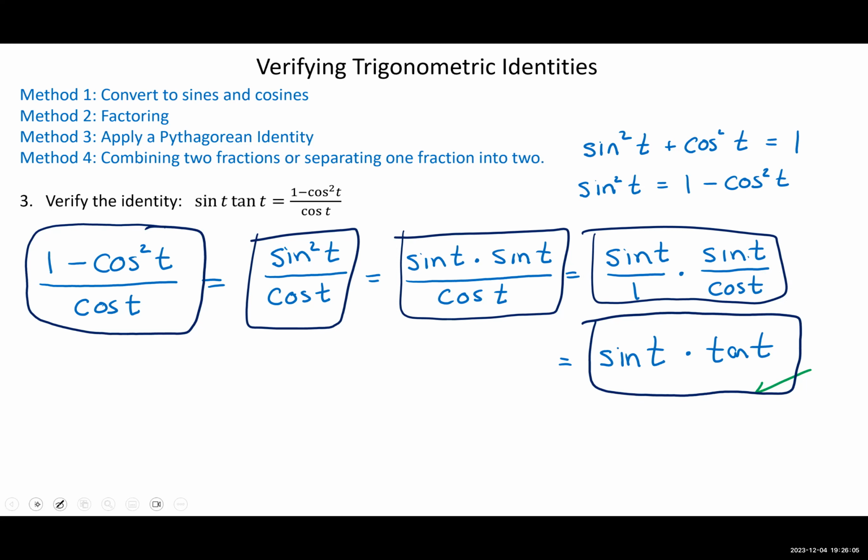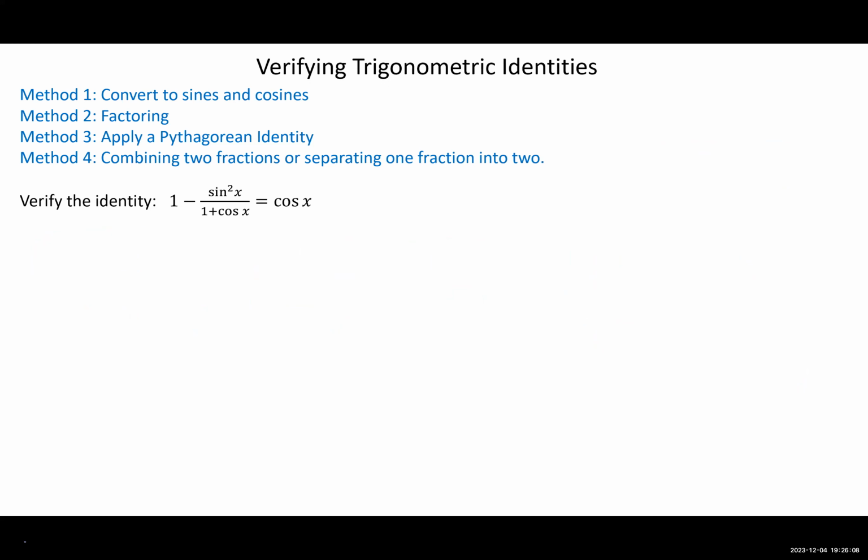All right, let's do a couple more. I don't think there's any discussion necessary in terms of which is the more complicated side. I think we'll start with the left, turn it into the right. So we've got 1 minus sine squared of x over 1 plus the cosine of x.